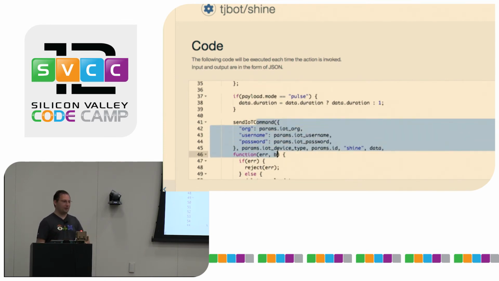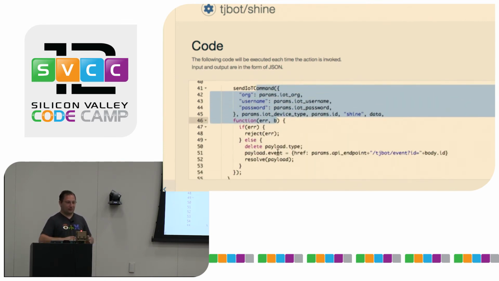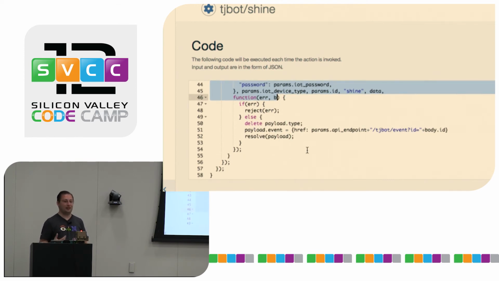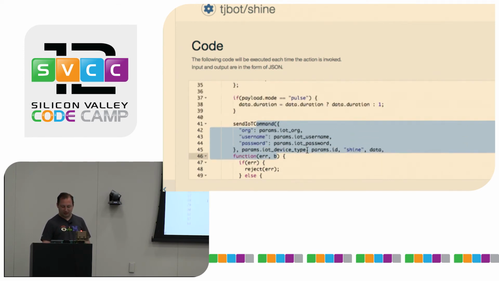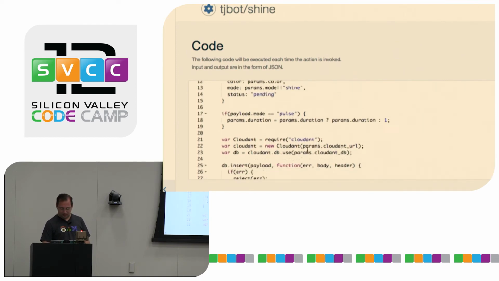And then I send an IoT command down to the device with all this information and tell it, when you're done, post to this URL. And so that's these cloud functions that I have, and each one has a different command.